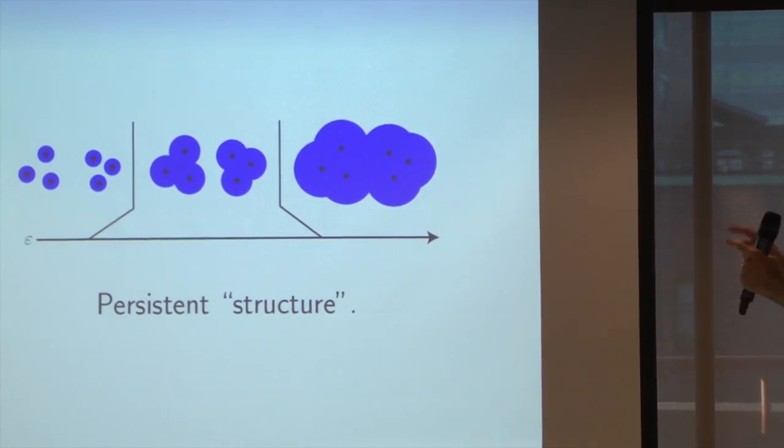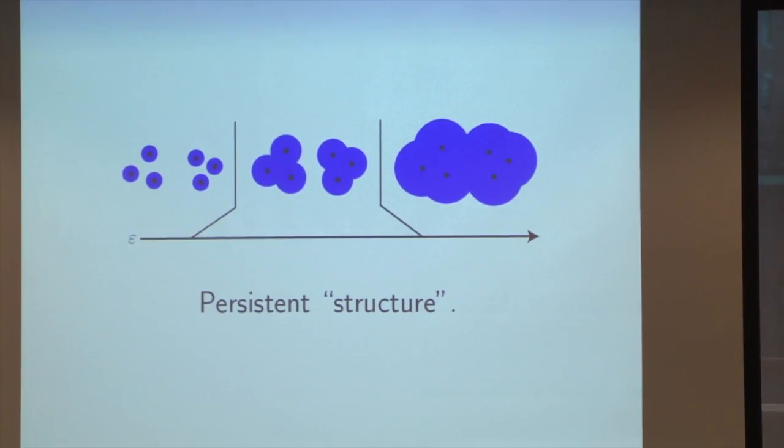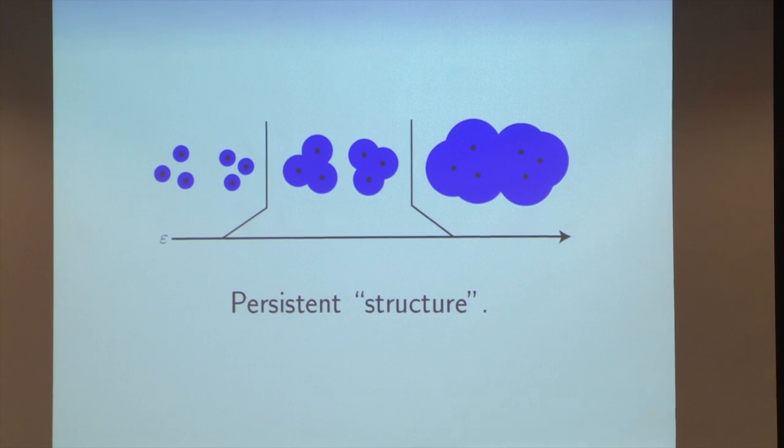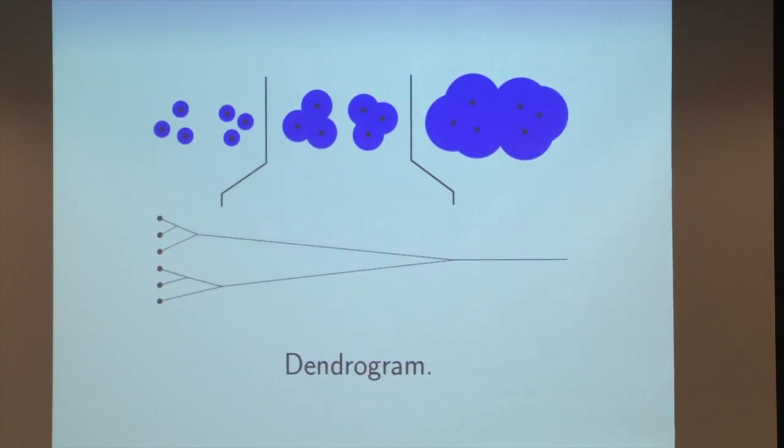Because it's 2 blobs over a large stretch of scales. You can imagine zooming out slowly, and there would be a long period where it looked like 2 blobs, so that's probably significant.